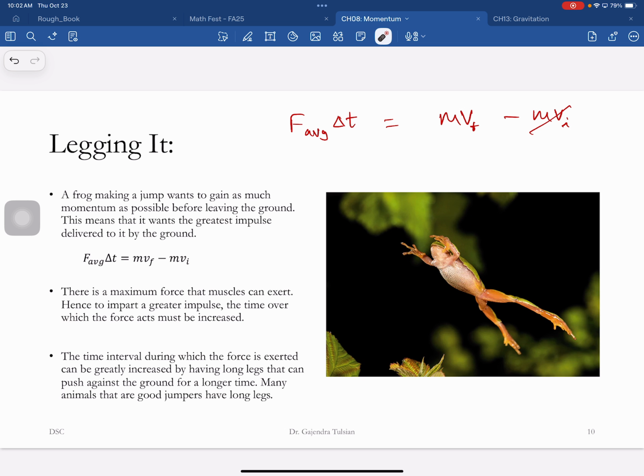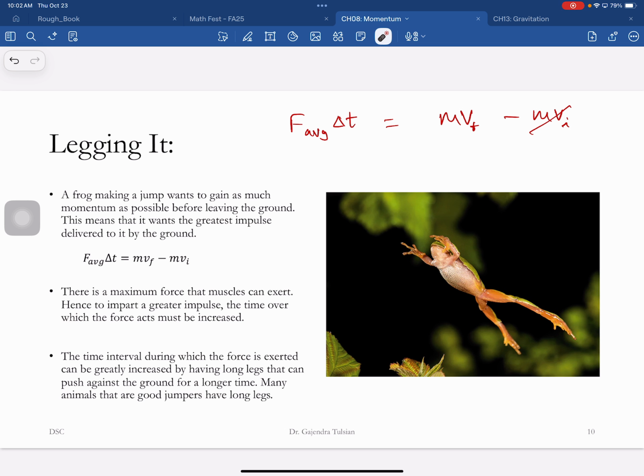If you want to jump low, what do you do? When you want to jump high, what did you do? You increase that time. So animals that want to jump high have long legs, so they're unfolding their legs as they're jumping.